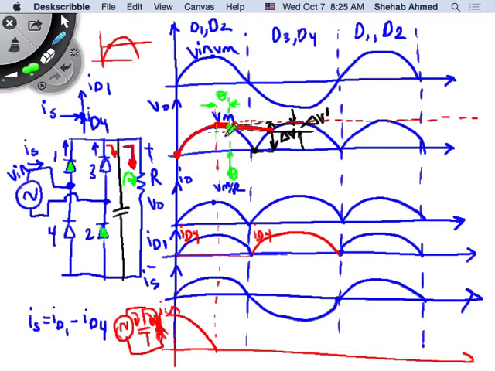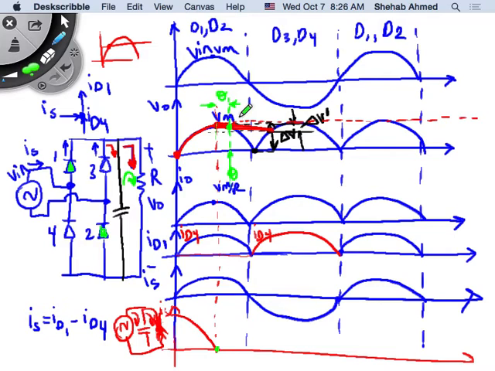When I did not have the resistor, they were conducting only until the peak. And then when I added my resistor, the diodes had to conduct a little bit more, to some point theta, a little bit after the peak value.